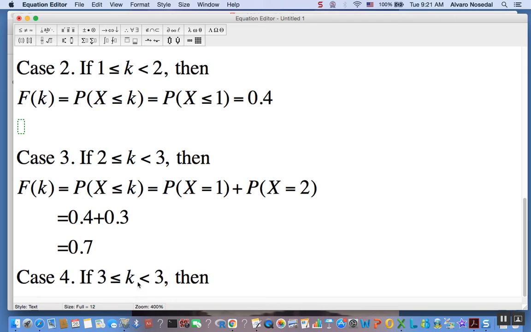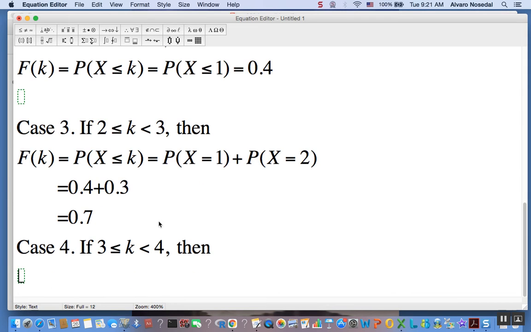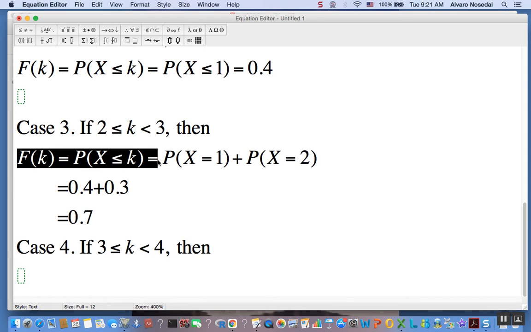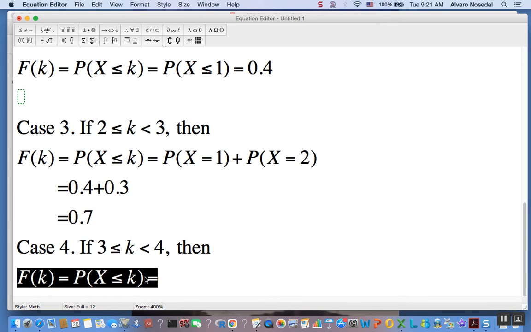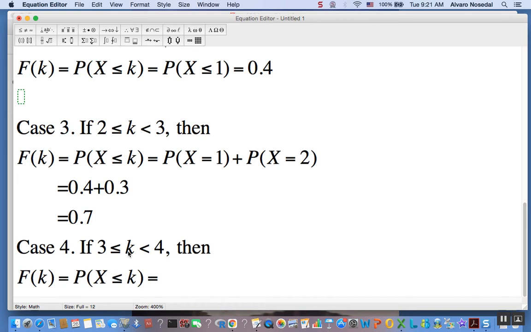Between 3 and 4. In that case, again, we are going to be using the definition of uppercase F. So if we had, say, 3.7, what's the probability of rolling something that is less than or equal to 3.7? It's the probability of rolling a 1, or rolling a 2, or rolling a 3.